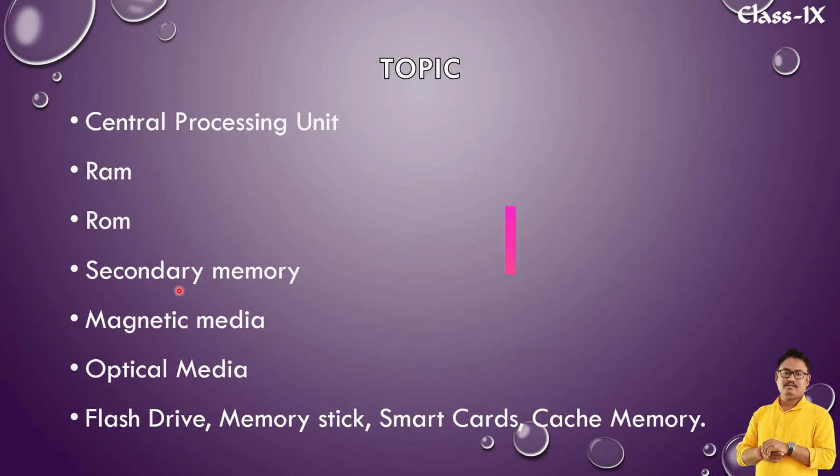Under secondary memory, magnetic media, optical media, flash drive, memory stick, smart cards, and cache memory. All these topics we are going to learn in today's video. So let us start the class.